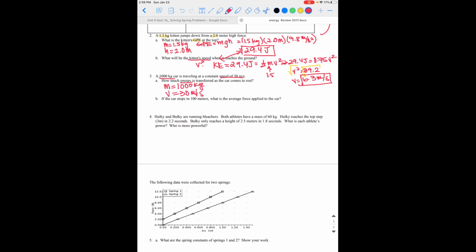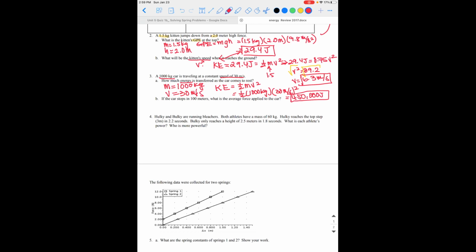And this is related to kinetic energy, 1/2 mass times velocity squared. So then 1/2 times 1,000 times 30 meters per second squared gives us 450,000 joules. And all of that energy is going to transfer into thermal energy once it's stopped.